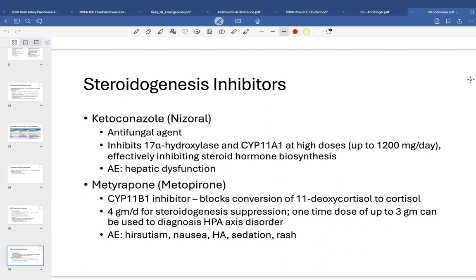So in humans, you'll have analogous effects in terms of P450 inhibition. It will inhibit steroid hormone biosynthesis. And there's another agent, metyrapone, that has a similar effect.